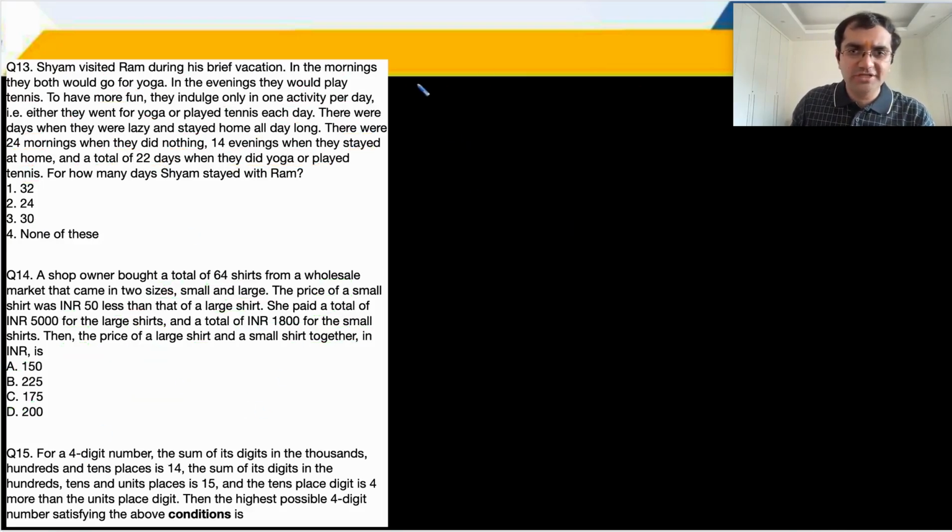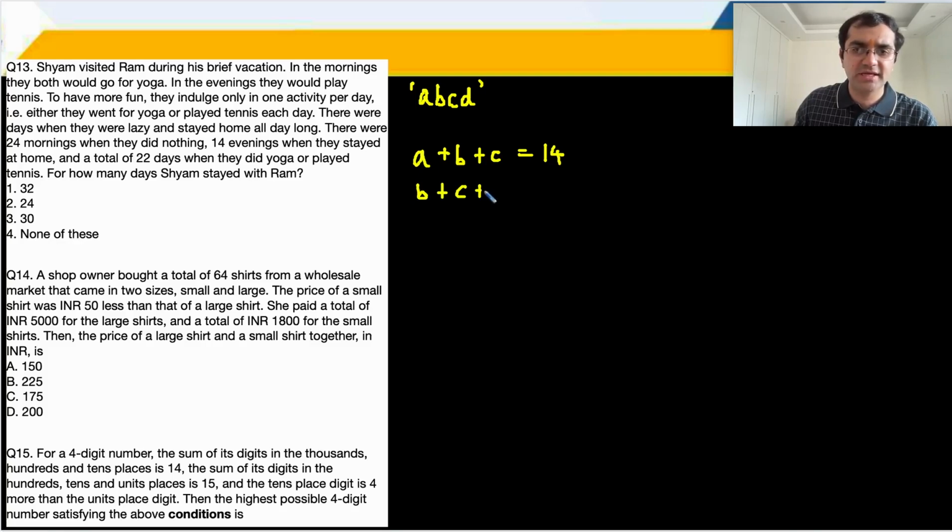For a 4-digit number, let us say the 4-digit number is A, B, C, D. The sum of its digits in the thousands, hundreds and tens positions is 14. The sum of its digits in the hundreds, tens and units places is 15.